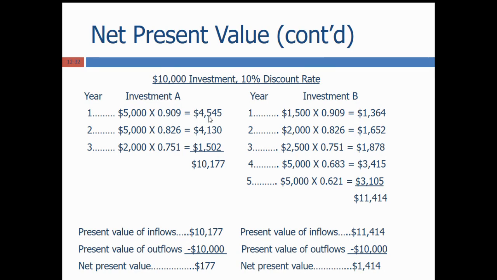Therefore you get 4,165, here you get 3,470, 1,158, and then you minus the 10,000. Your NPV using 20% would be negative 1,207.